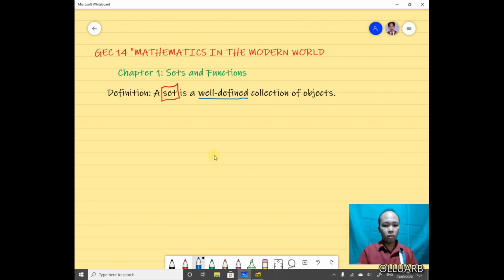If I collect those objects and put them in a basket, is that collection already what we call a set? As you can see here, there is a word that will add up to the concept of a set. What does this word mean?